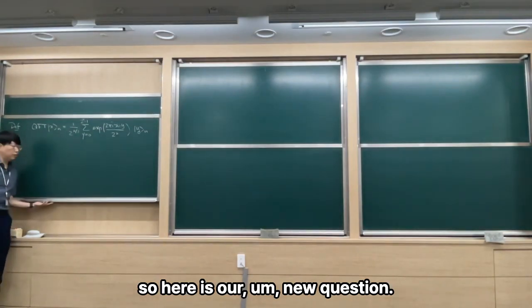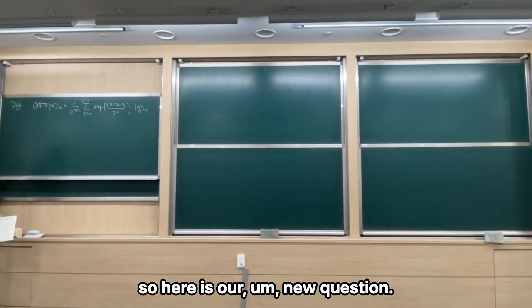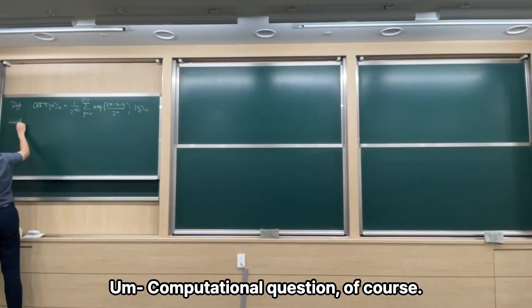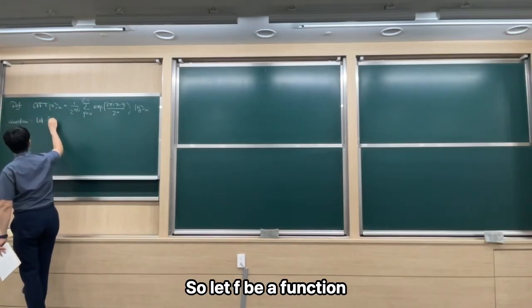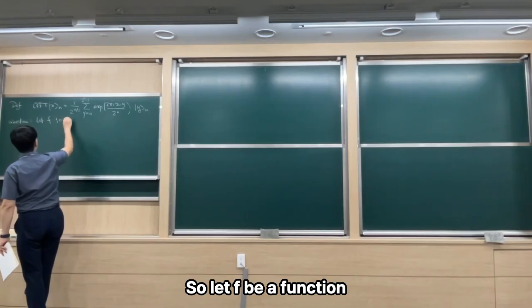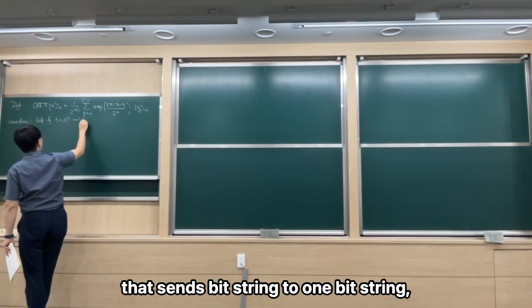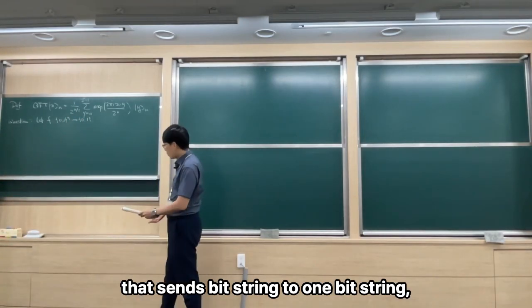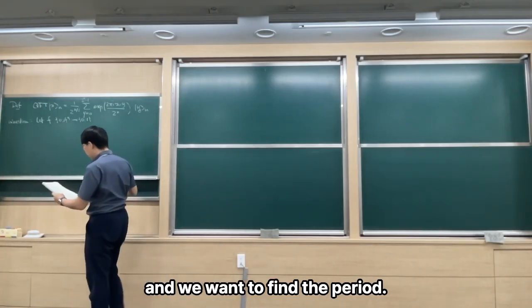Okay, so here is our new question. Computational question, of course. Let f be a function that sends an n-bit string to a 1-bit string, and we want to find the period.